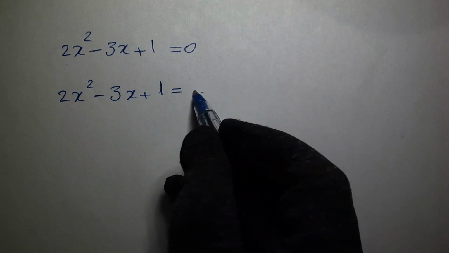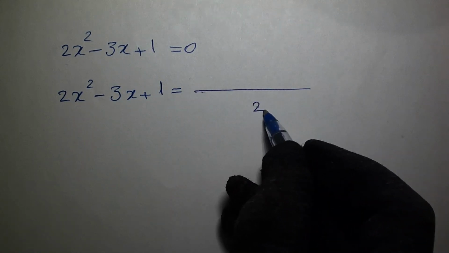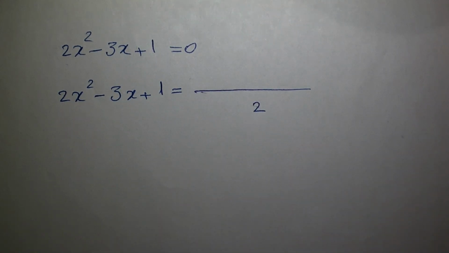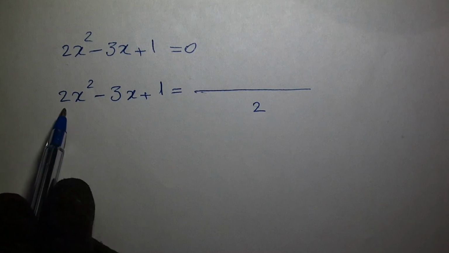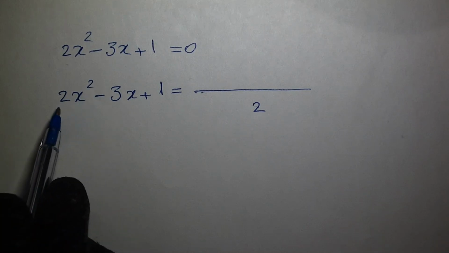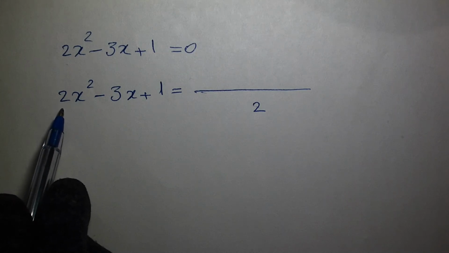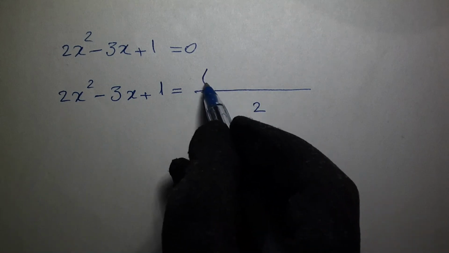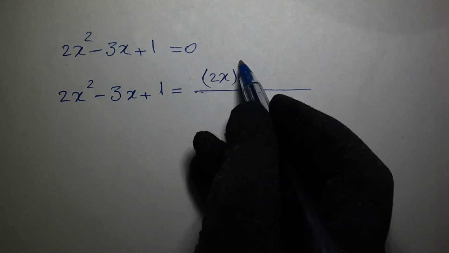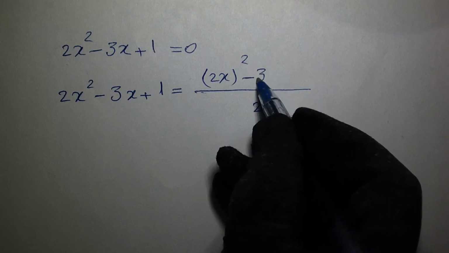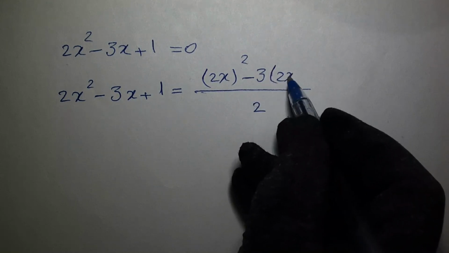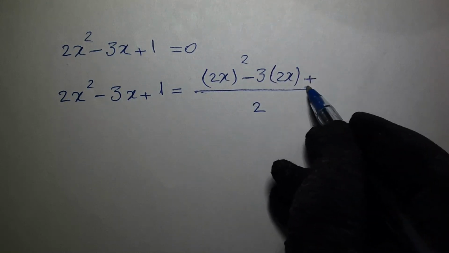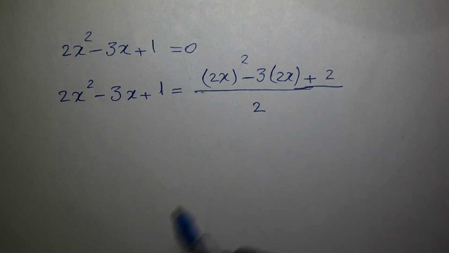If you remember one of the methods to factor this quadratic expression, because a, the coefficient of x squared, is not 1, we can multiply all terms by this coefficient and rewrite it as 2x squared minus 3 times 2x plus 1 times 2, divided by 2.